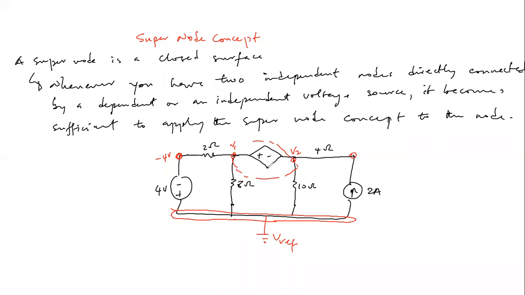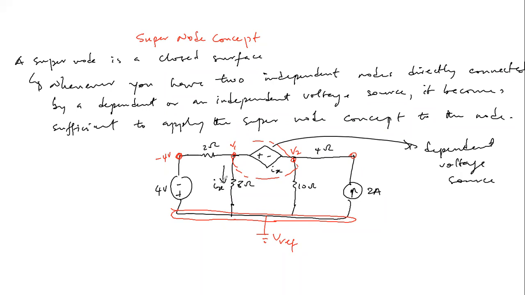Let's assume this is Ix. So the source is dependent on the current flowing in a particular branch, and let's assume that Ix is flowing in this branch. So this dependent voltage source is dependent on some current value flowing in the branch.